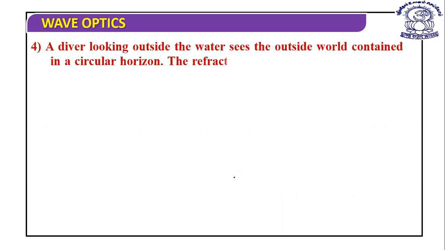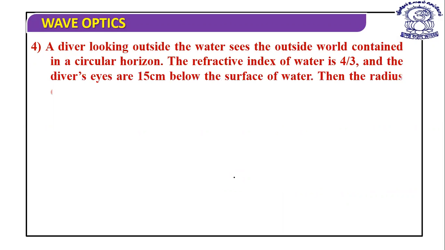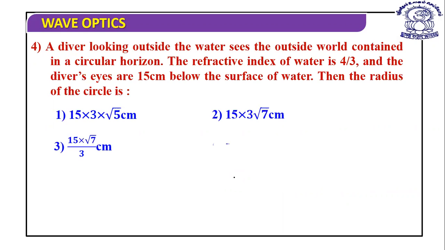Next question. A diver looking outside the water sees outside world contained in a circular horizon. The refractive index of water is 4/3 and the diver's eyes are 15 centimeter below the surface of water. Then what is the radius of circle?